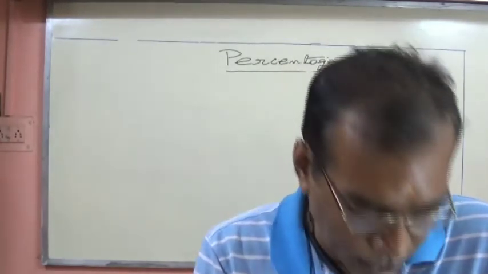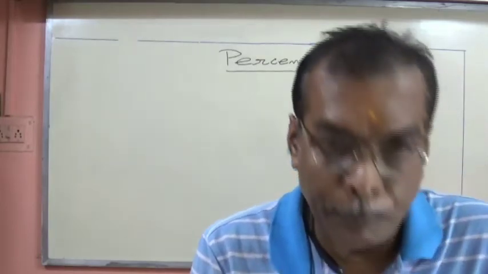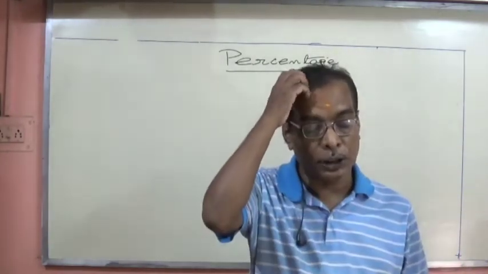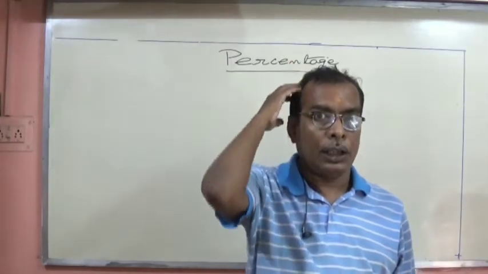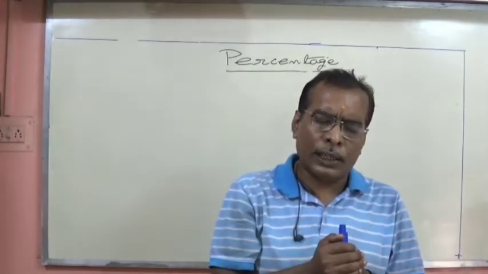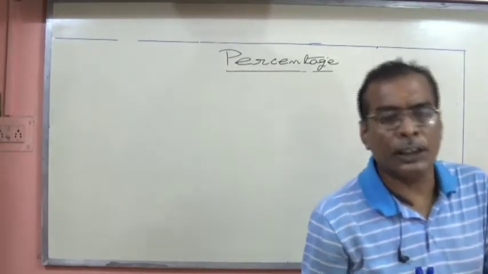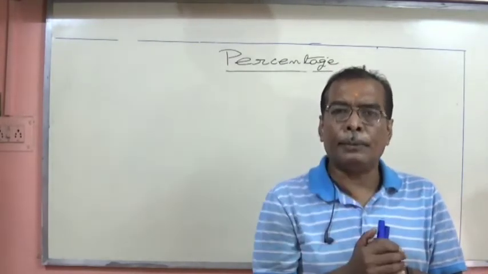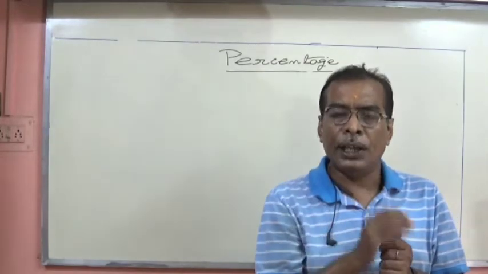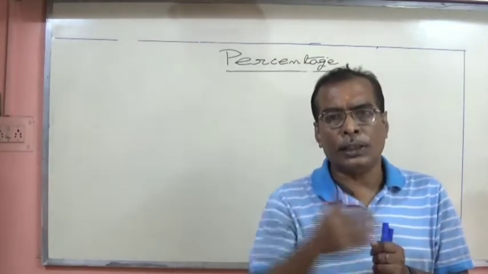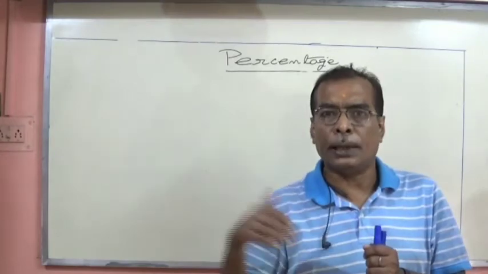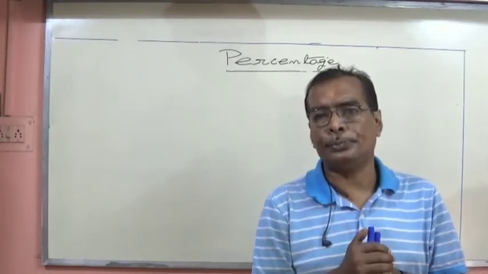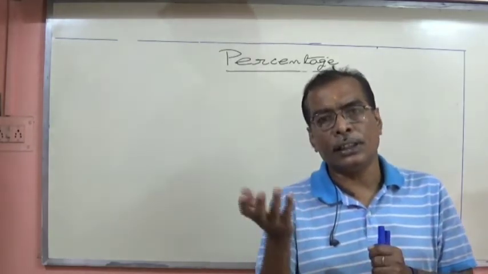A is getting 20% less than B's income, then B is getting how much percentage more than A. Actually, some confusion comes to general people. Suppose I am getting 200 rupees less than B, then obviously you can say B is getting 200 rupees more than me. But in percentage it is not like that. Percentage is something different.